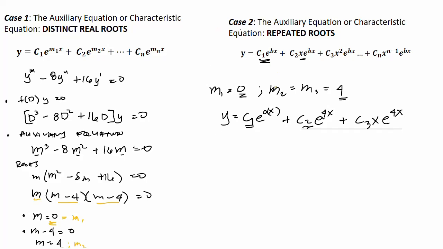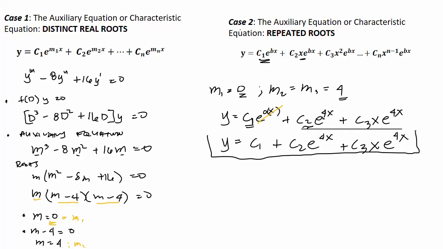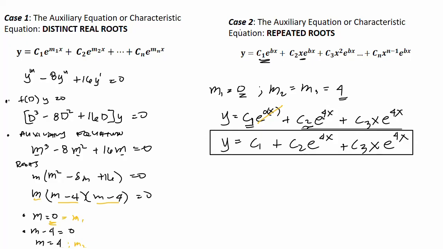And e raised to 0 is equal to 1. So we have c1 plus c2 e to the 4x plus c3 x e to the 4x. So now this will be our general solution for the given differential equation.